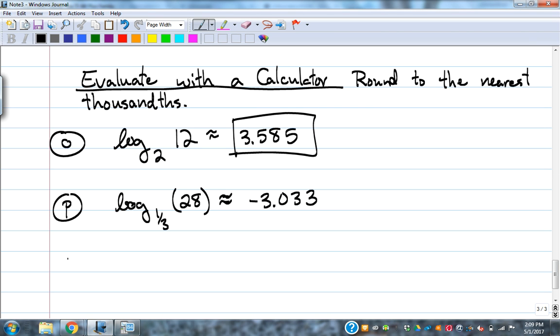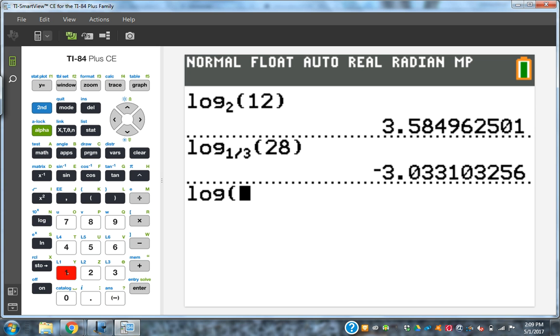Let's do log 16. What base is that? So do I have to use the log base button? Or do I have a button that does log base 10? I have a button that does log base 10. So I can just hit log 16.